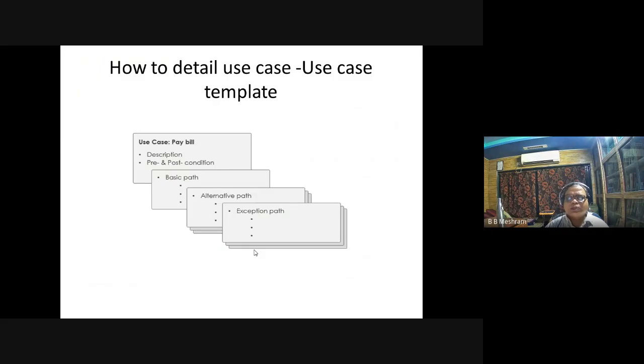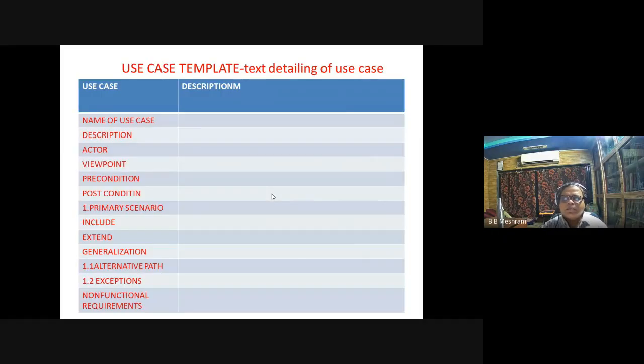So how to detail the use case? This is the use case template where you can write the use case name, description, precondition and post condition, basic path, alternative path, exception path. I have detailed the withdrawal use case, its preconditions, post conditions, basic flow, alternative path, and exception path. Now this template is detailed here.